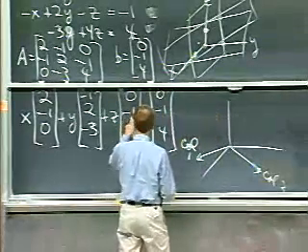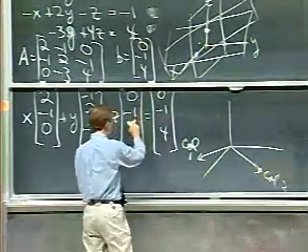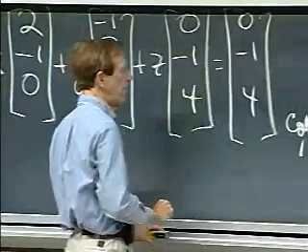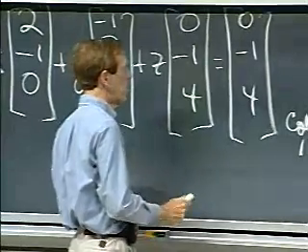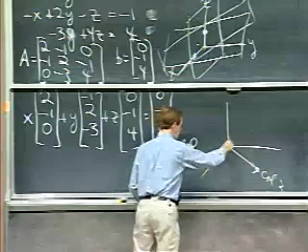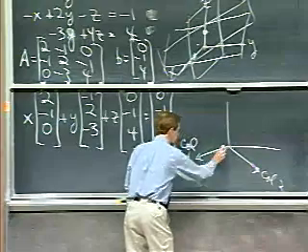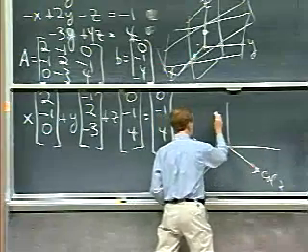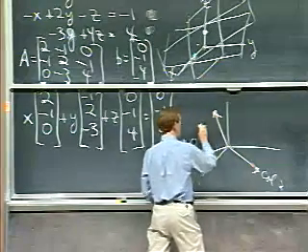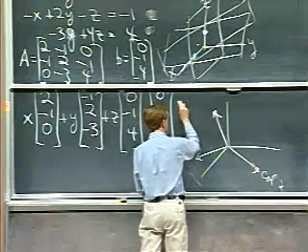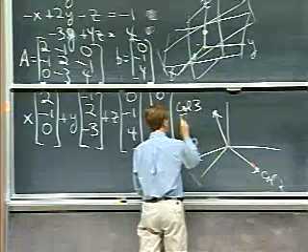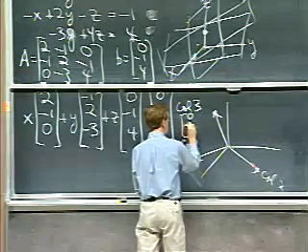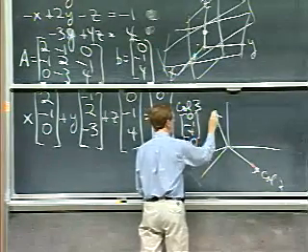And the third column has 0, minus 1, 4. So how shall I draw that? Nothing in the first component. The second component was a minus 1, maybe up here. That's column 3. That's the column 0, minus 1, and 4. This guy.